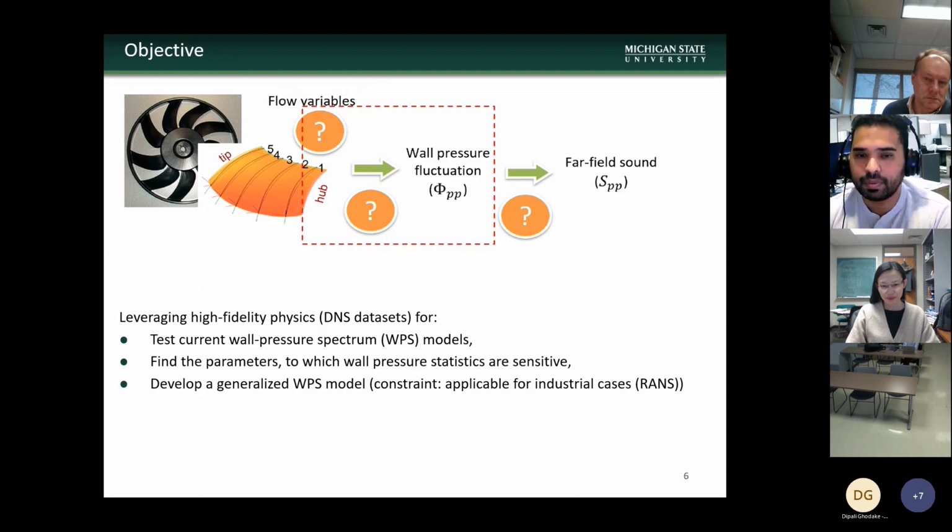The second part of my thesis, the objective is to leverage this high fidelity physics to develop a generalized wall pressure spectra model, and the parameters needed to do that can be calculated from the RANS simulation, so that they can actually be used for industrial applications. So these are the main objectives, right?